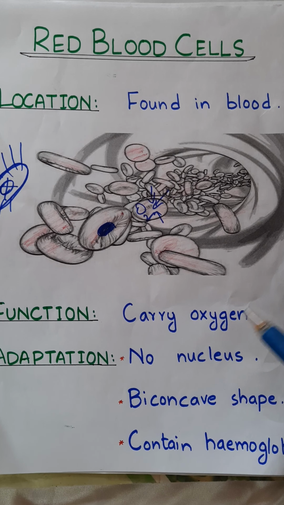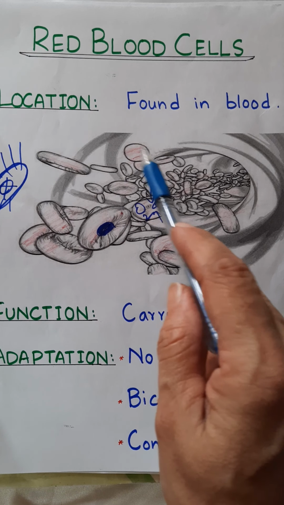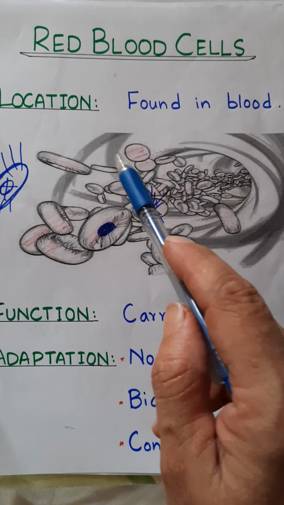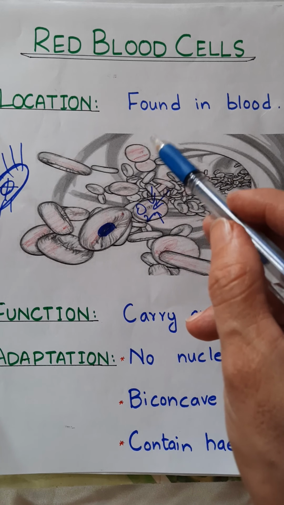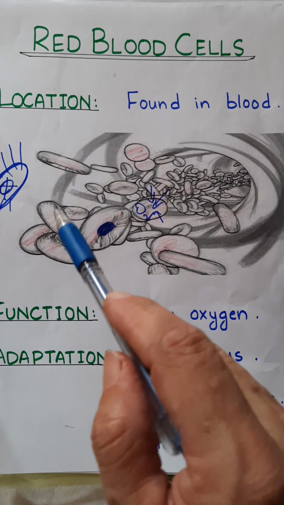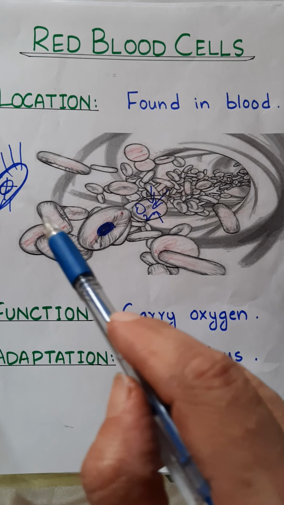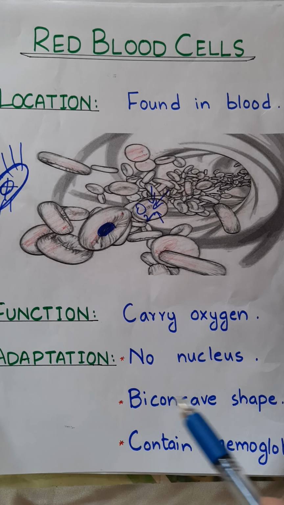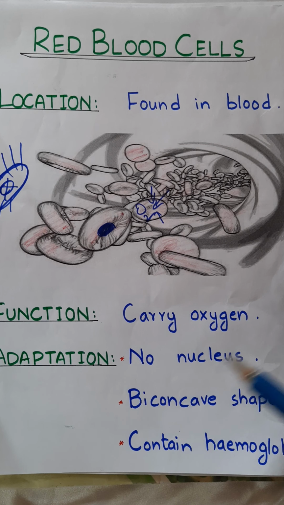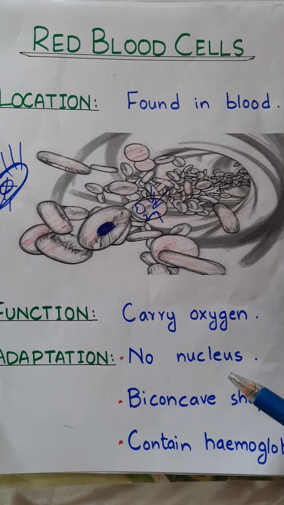Why? Because they have no nucleus. These cells have no nucleus in them, so they provide more surface area for absorption of oxygen. See, they have no nucleus, so they are providing more surface area. Secondly, their biconcave shape. A biconcave shape is just like a butterscotch toffee, how it is pinched inside.